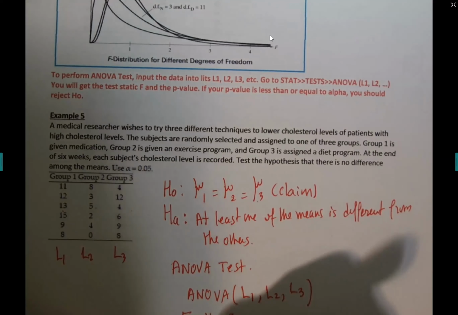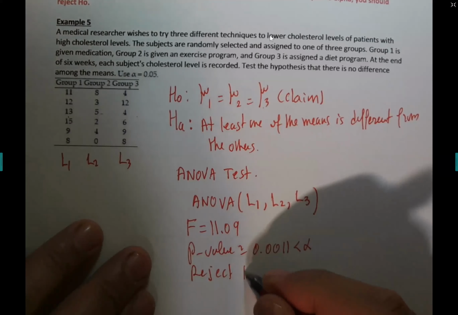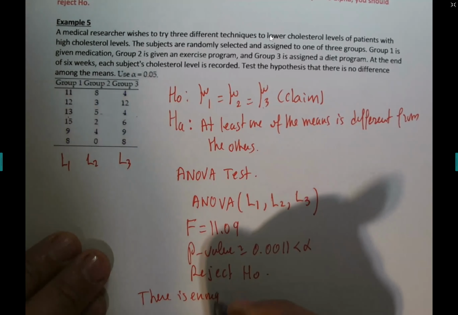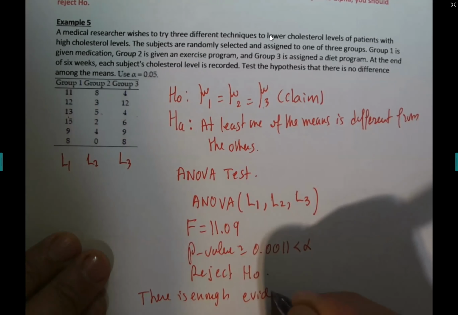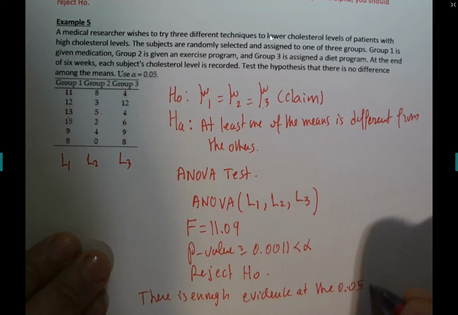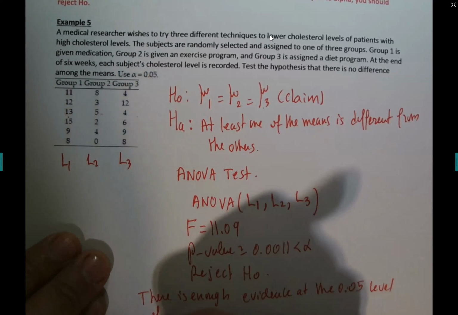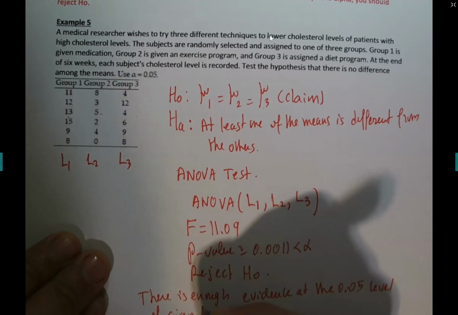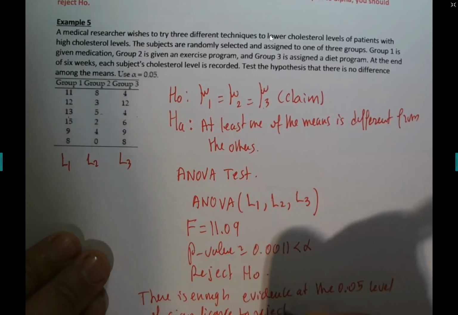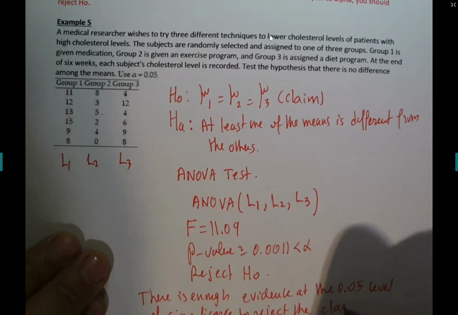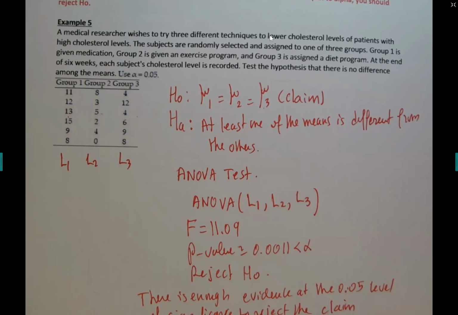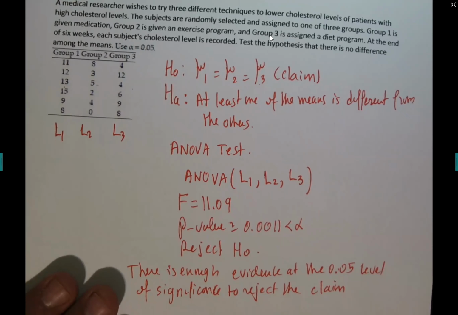We reject H0, and we say there is enough evidence at the 0.05 level of significance to reject the claim. So that means the means are not the same, they are different. And that is the ANOVA test.